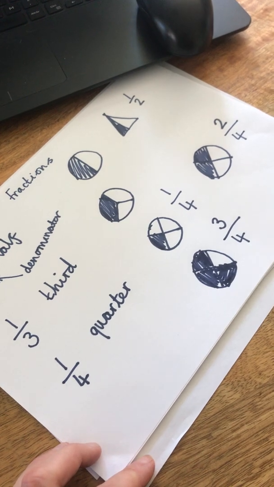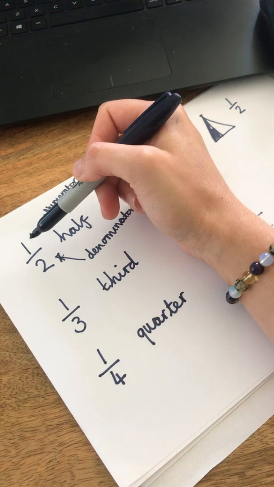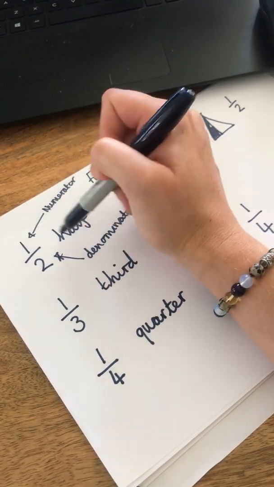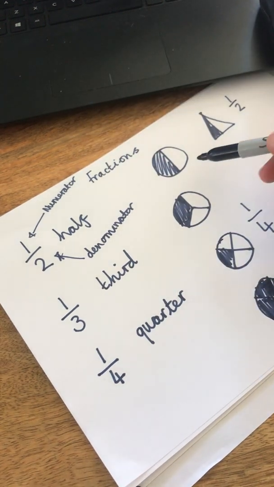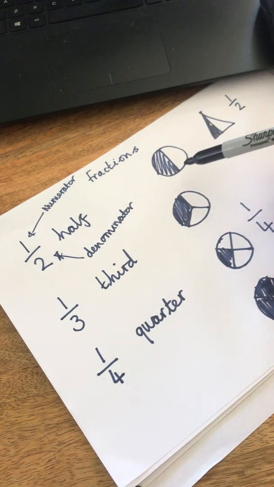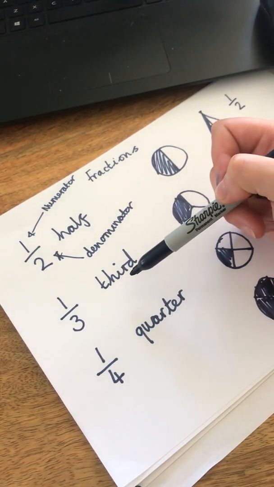Just to go over that one more time, we're looking at fractions. This top number, the fancy word for it, is called the numerator, and the bottom is the denominator. This fraction is called a half because one part has been shaded in, but there are two parts of the whole. This one is called a third, okay?